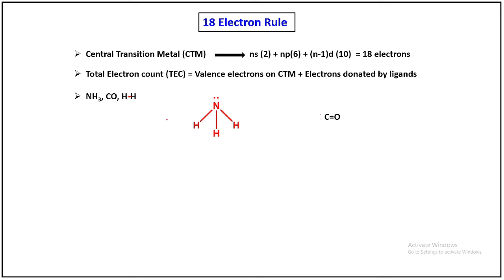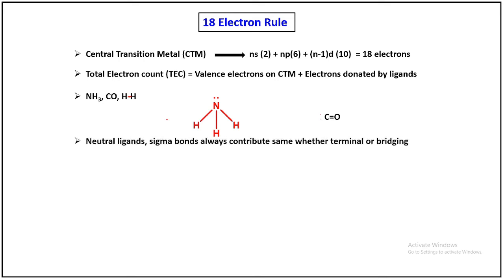But one thing you can remember is that in case of neutral ligands and sigma bonds, it gives the same number of electrons whether they are at terminal or at bridging position. Next example is H. This is always a 1 electron donor since it has only 1 electron at its valence shell. So, whether this is at bridging or at terminal position, it will always be a 1 electron donor. It can never donate more than that.